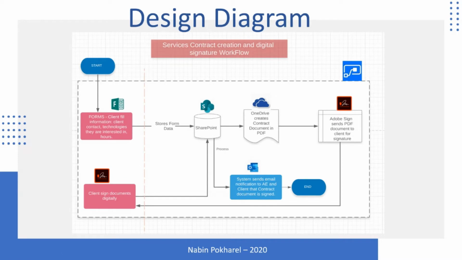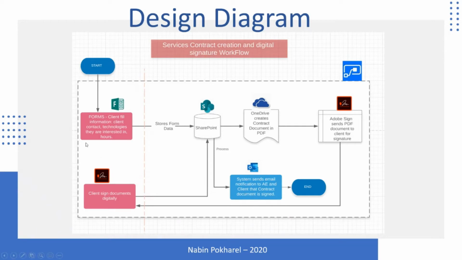Let's go into the design diagram. It starts from Microsoft Forms. On the left of this pink line, the action will be taken by the client, and on the right side, it will be taken by the system, solution, or the vendor.